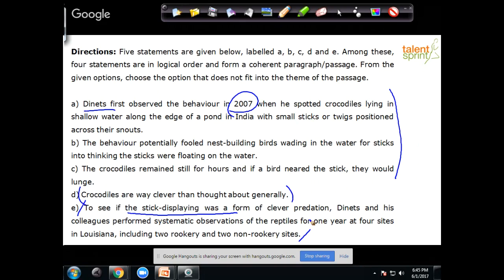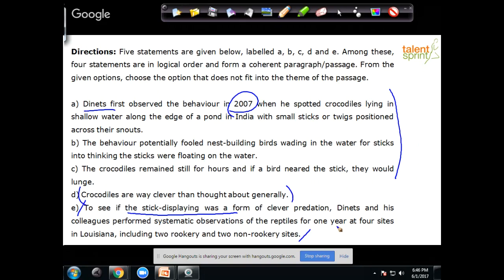So he wants to check, hey, are these crocodiles using this as a gimmick, pretending to make sure that they're able to catch these birds and eat them. So Dinets and his colleagues performed systematic observations of reptiles for 1 year at 4 sites, including 2 rookery and 2 non-rookery sites.